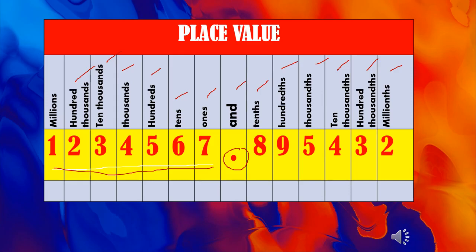And then on the right side, we have the decimal place values. So the place value of 8 is tenths. The place value of 9 is hundredths. 5 is thousandths. 4 is ten thousandths. 3 is hundred thousandths and 2 is millionths. Okay?